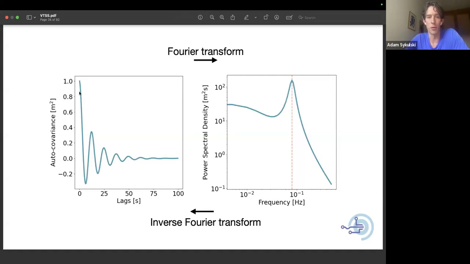For example, if we have an autocovariance function that decays but oscillates, a periodic type covariance function, then we could Fourier transform to reveal the periodicity as a peak in frequency, and we can inverse Fourier transform back from a spectrum to its autocovariance.